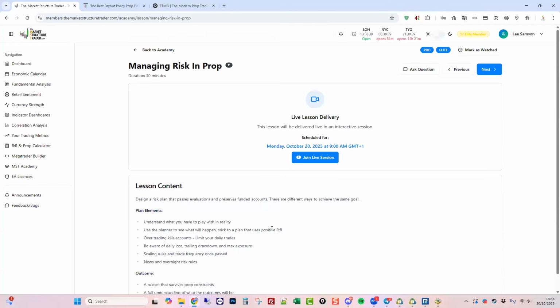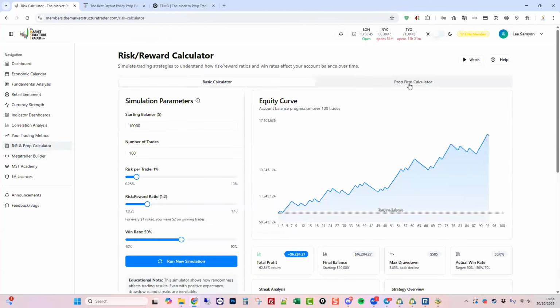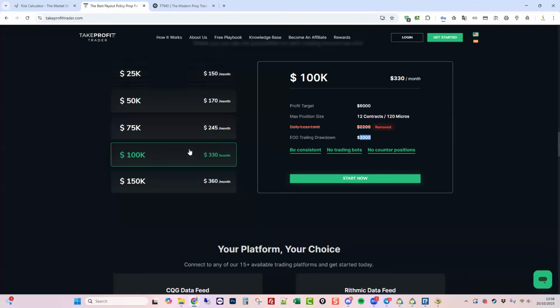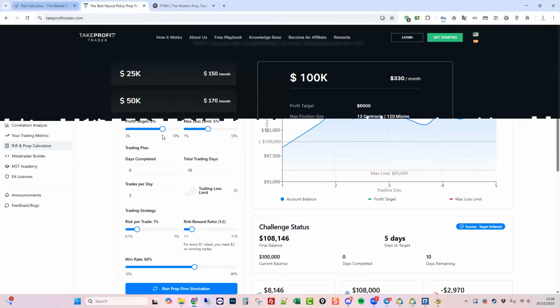So we're going to go over onto the planner and look at what you need to do to pass. Let's come over to the prop firm calculator here. If we use the 100,000 starting balance as an example, and our target is going to be, let's put this in correctly, 6%.